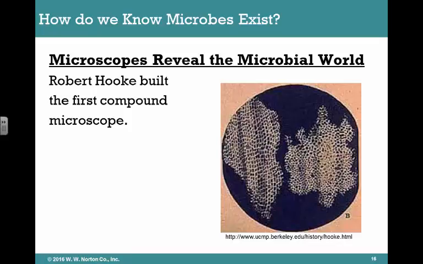And so it was really his observations through this compound microscope, meaning it has two lenses and so can give greater magnification than previous lenses, that we began to understand that cells are that fundamental unit of life.